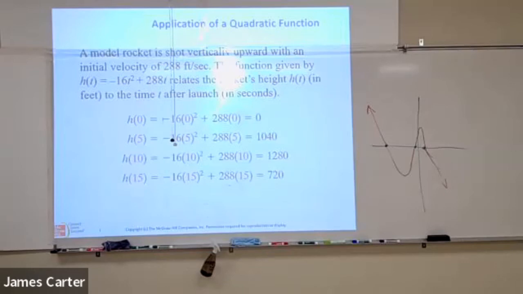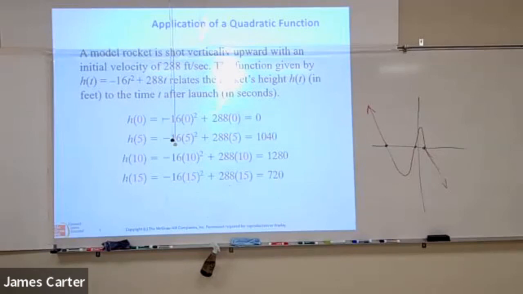Now, this is the rest of this thing. It's given by, here's the general function that relates the rocket's height, in feet, to the time after launch in seconds. So we're comparing height to time.